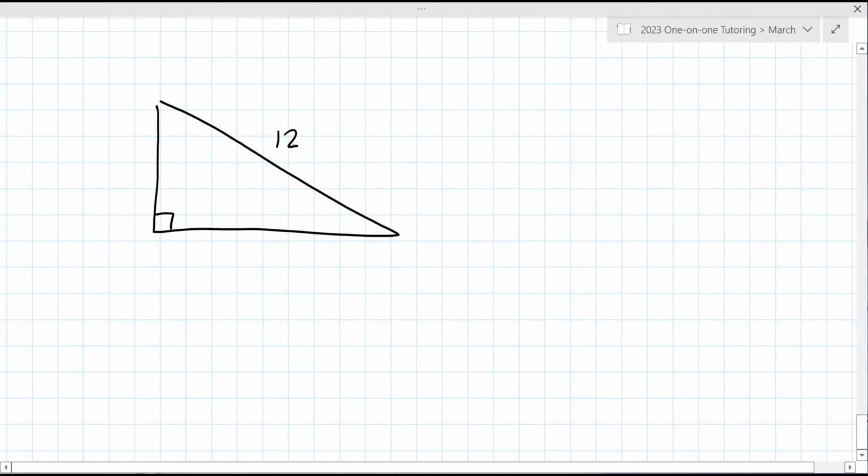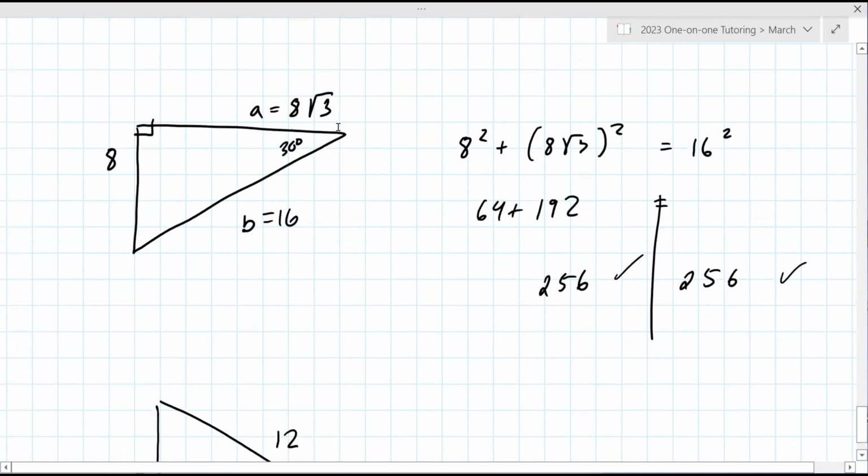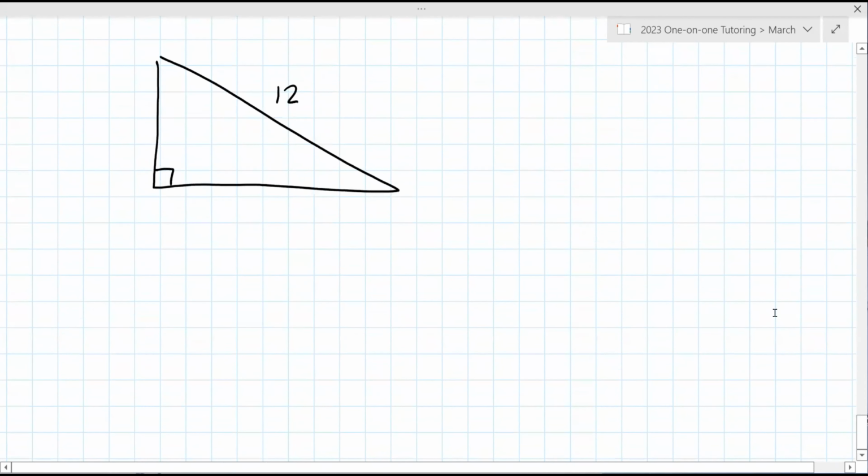Okay, let's try another one real quick in the time we've got left. Let's say this is 12. Okay, I just did the same problem. All right, this is 30 degrees. I want you to find A and B for me, please.